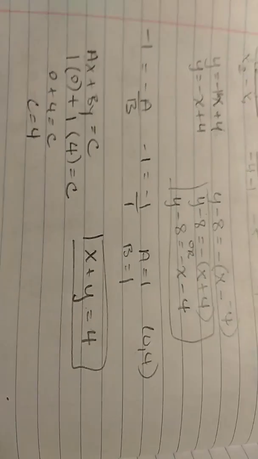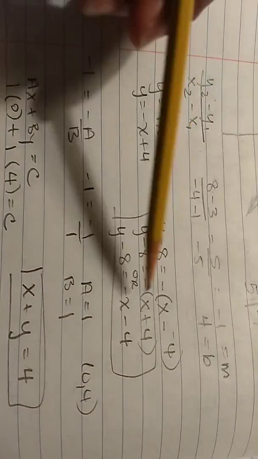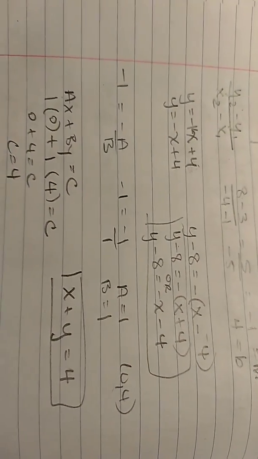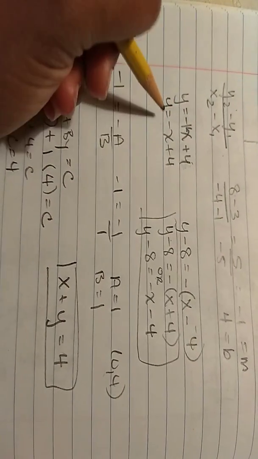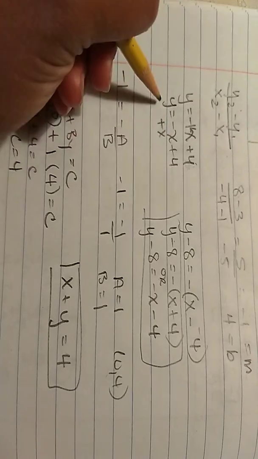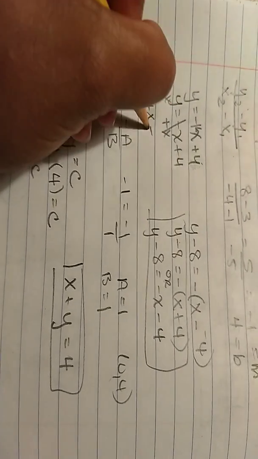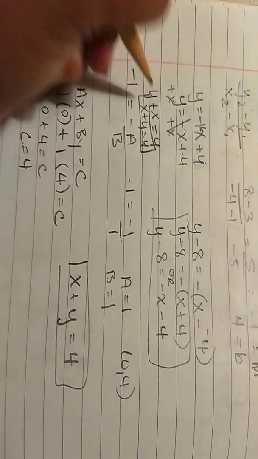Okay. And then if you don't want to do that, you can always start with one of the formulas, whichever one comes easiest for you, and change it into whatever it's asking for. So if I did this and I want it in standard form, I would add the x to both sides to get rid of it from here. y plus x equals 4. Rewrite it: x plus y equals 4. Boom.